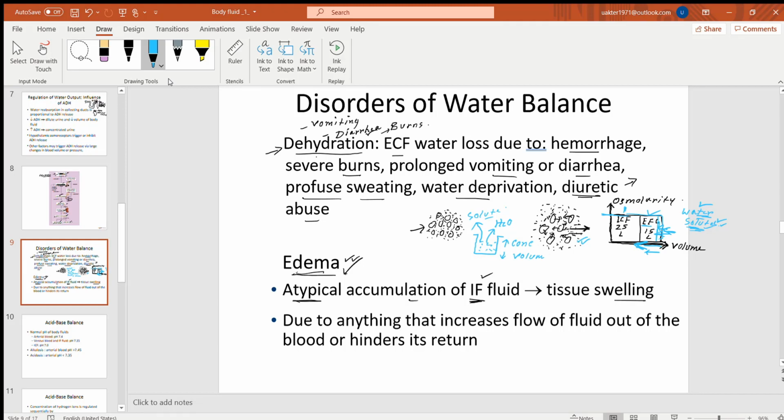If you just take water out, the concentration will go up because solutes are staying in the body, right? Only water is getting out with the urine. So if you only remove water from the body, that will increase the concentration or osmolarity. In that case, we move this way. Body fluid will be less, but the concentration will be high. So just to know how the concentration and body fluid can be changed in the body.